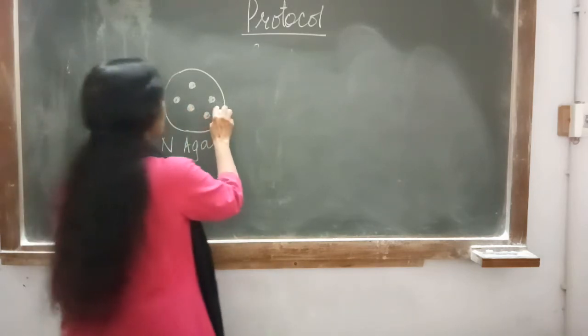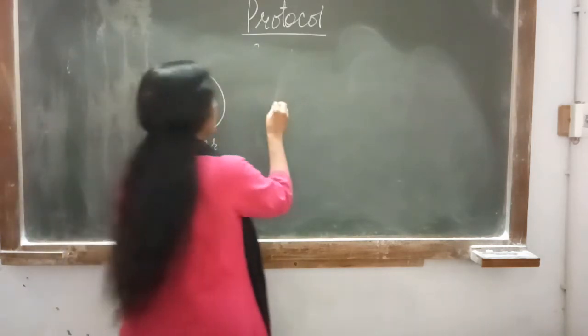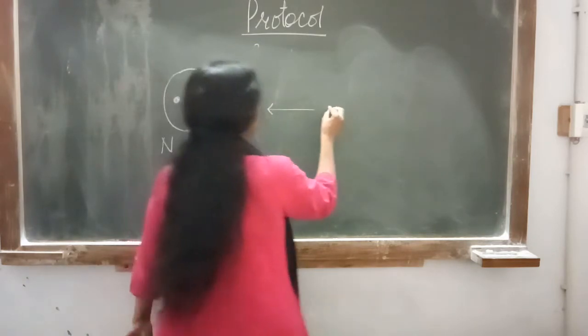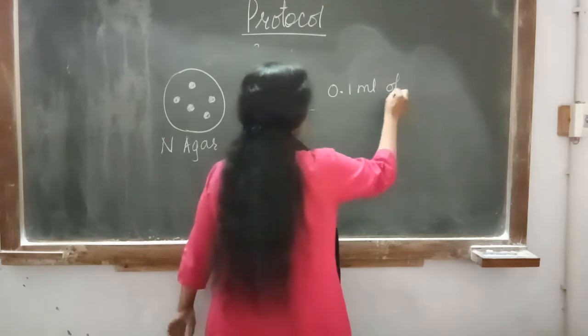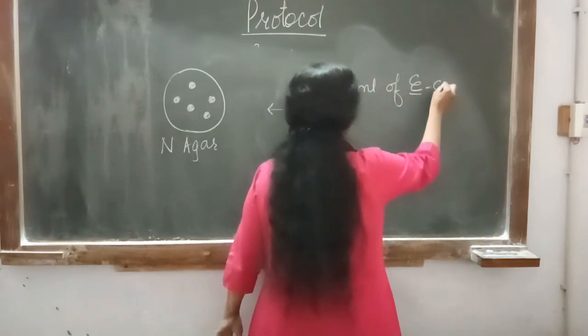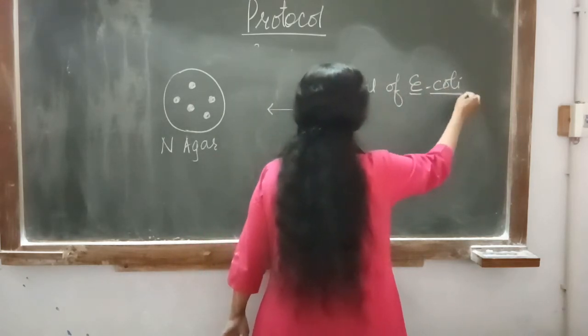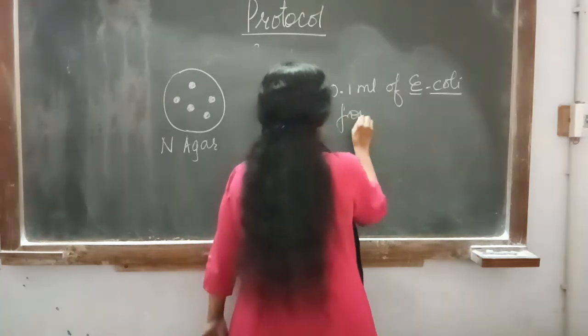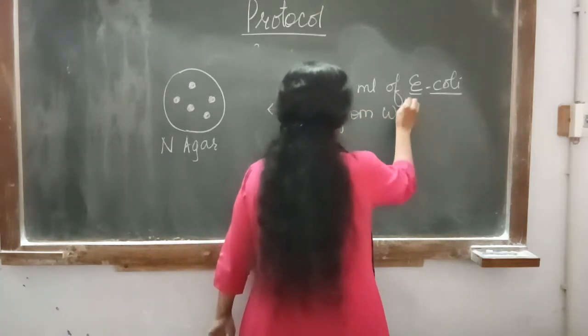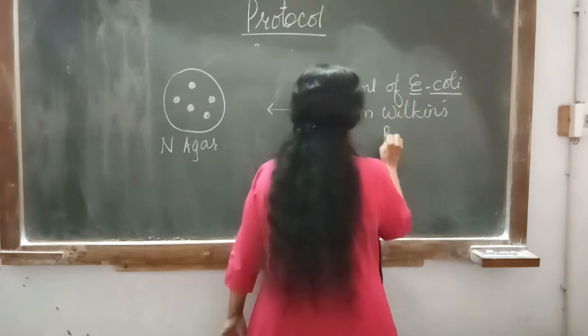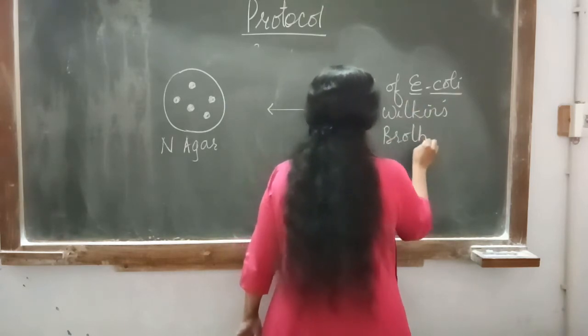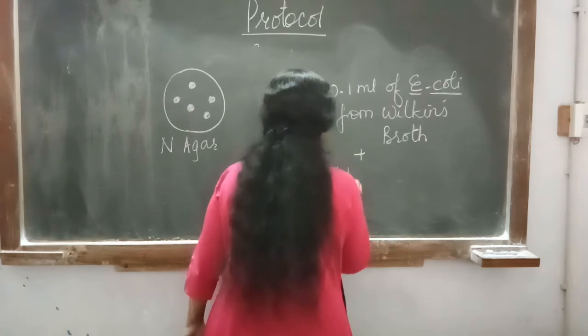Okay, now in this particular plate we are taking 0.1 ml of E. coli from our Wilkins growth, and it will be added in Wilkins agar.